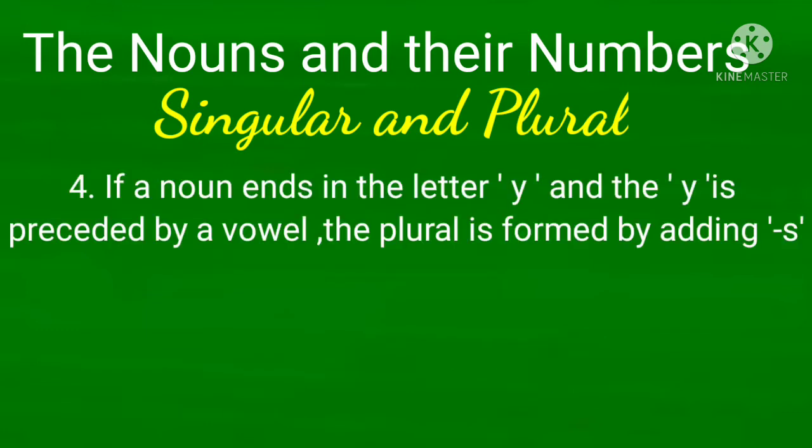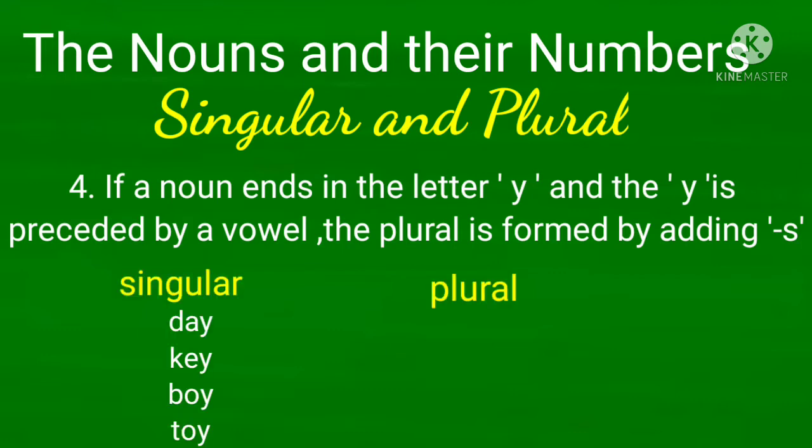If a noun ends in the letter Y and the Y is preceded by a vowel, the plural is formed by adding S. For example, day, days. Here Y is preceded by a vowel.